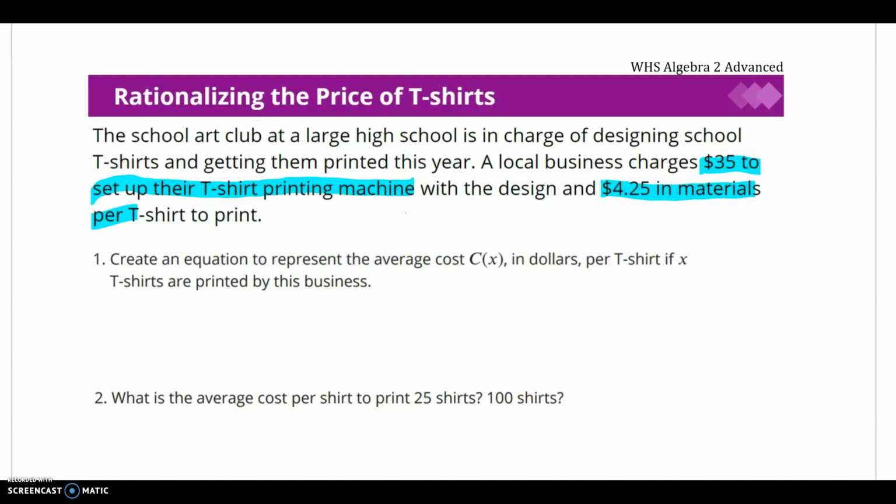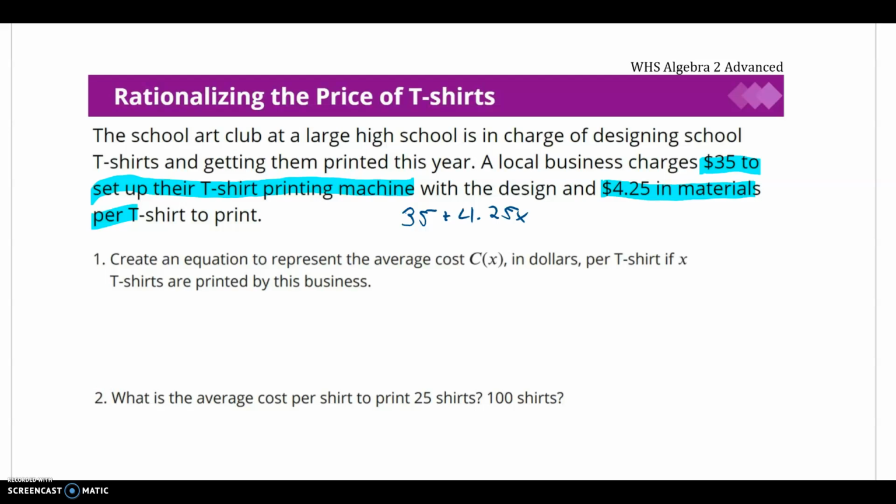So it's $35 initially, right, to set up the machine, plus it's going to cost you $4.25 every shirt you buy. Okay, so this is the linear representation of how much the business is going to charge you total if you order X shirts.